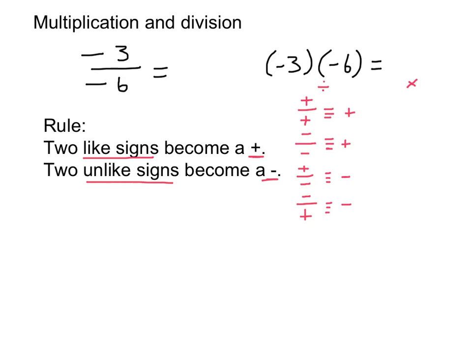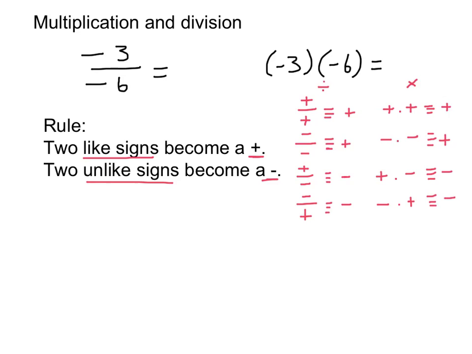When I have a positive number multiplied by a positive number, the result will be a positive number. If I have a negative number multiplied by a negative number, the overall result will be a positive number. And if I have a positive number multiplied by a negative number, the result will be negative. And if I have a negative number multiplied by a positive number, it too will be negative.